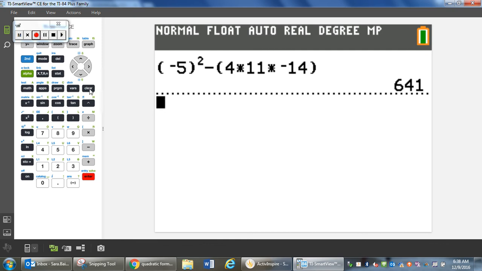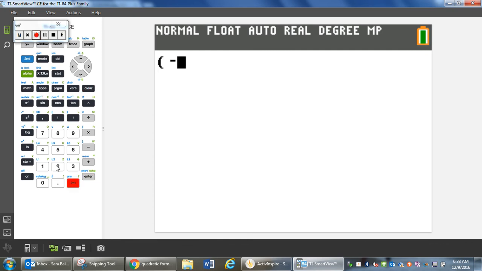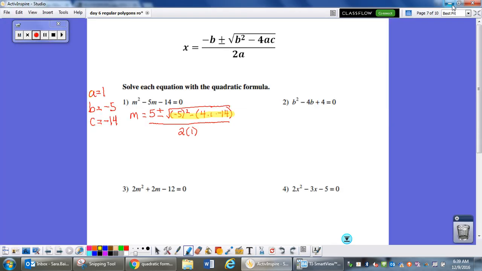Oh gosh, I put an 11. -5 squared minus 4 times 1 times -14. 81, which happens to be a perfect square. So then I'm going to come over here, and m's going to equal 5 plus or minus the square root of 81 all over 2.